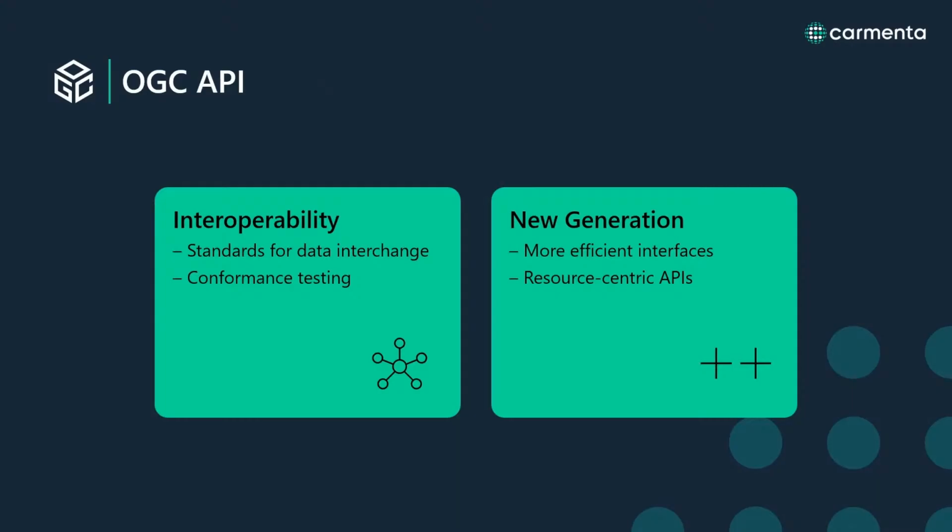The new standards have a more modern and efficient interface paradigm structured around the geospatial resources. The most fundamental parts are common for the different standards, while other parts are added as mandatory parts for different specific standards, such as the OGC API Tile standard. Services can provide even more functionality by implementing optional parts of the standard.